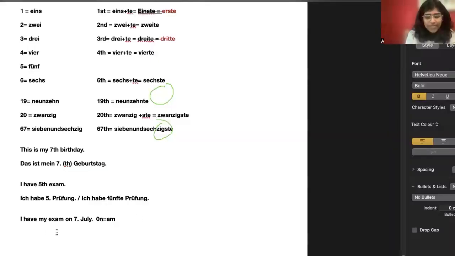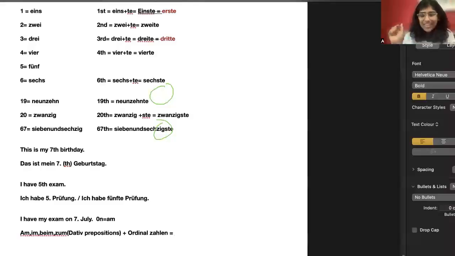If you have im, beim, zum, they are all dative. So if you have dative prepositions before Ordinal Zahlen, then you have to put an extra n at the end.